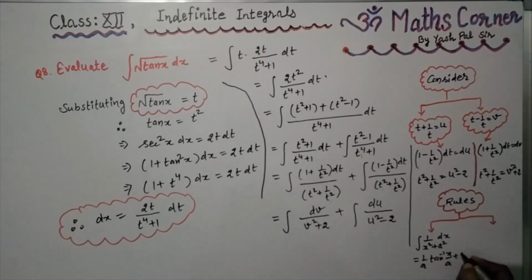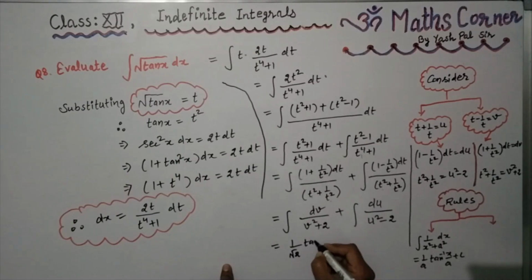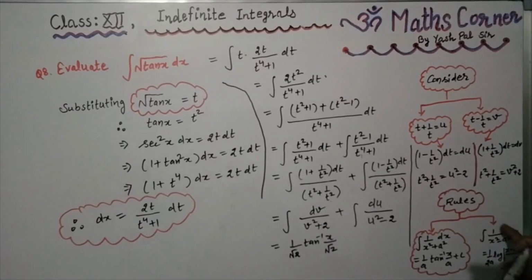Again we consider two rules. First is integral of 1 upon x square plus a square dx, which is equal to 1 upon a into tangent inverse x upon a plus c. So this rule we apply here, which becomes 1 upon a is square root 2, tangent inverse x upon a is square root 2, right?